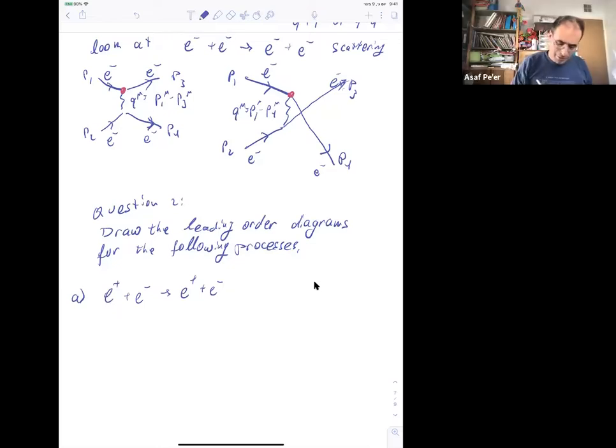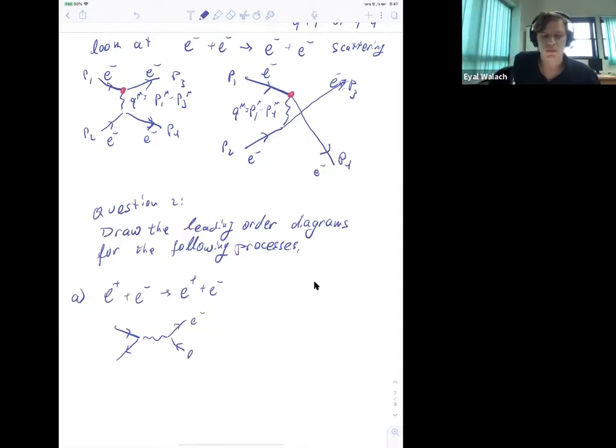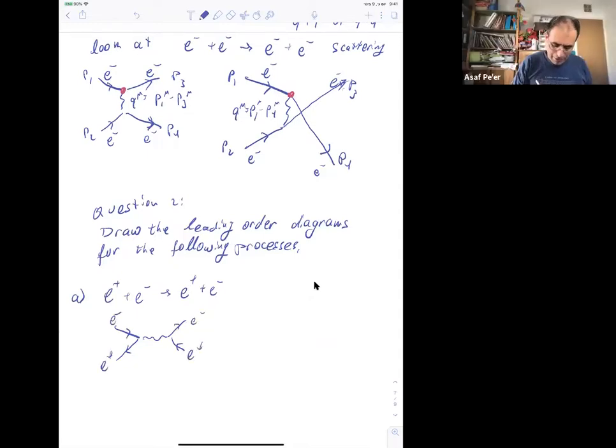So we have 2 S channels, and the 2 because the intermediate particle can be a gamma, but it also can be a Z boson. Remember I showed you that this depends on the energy.